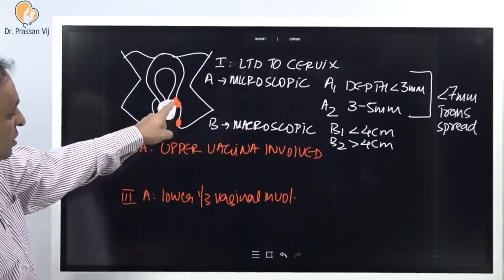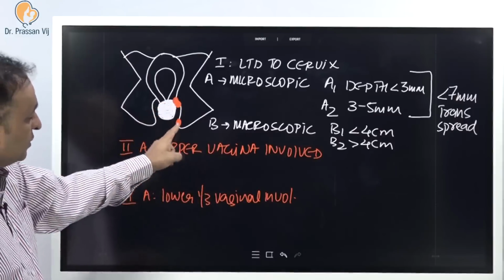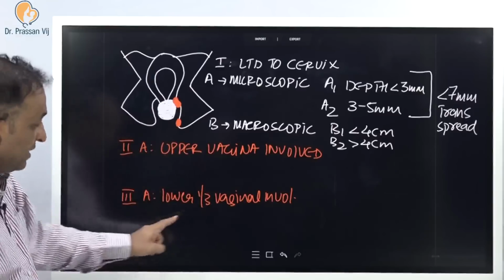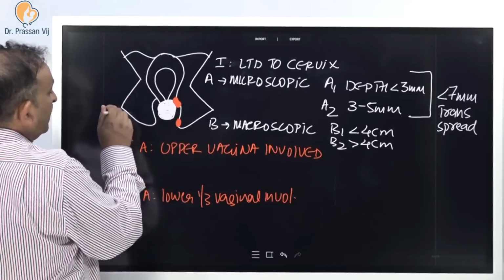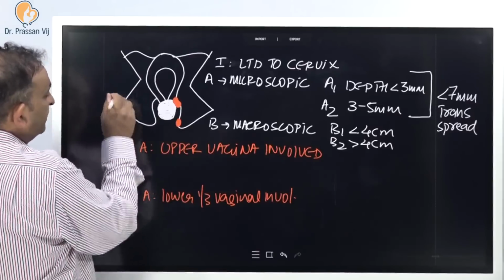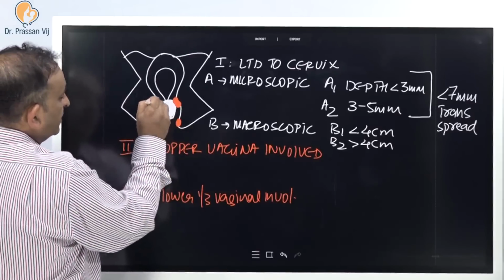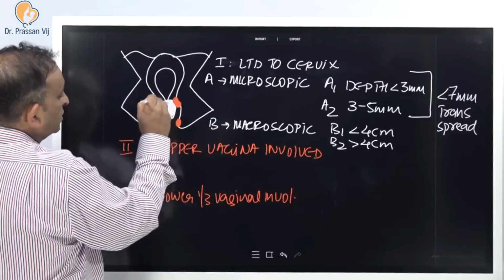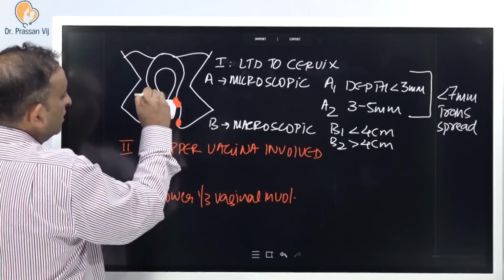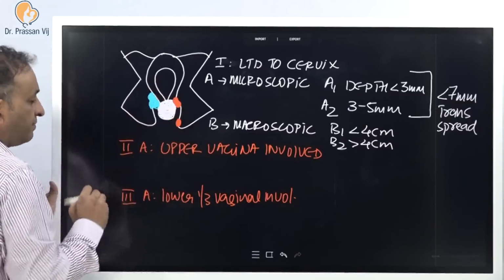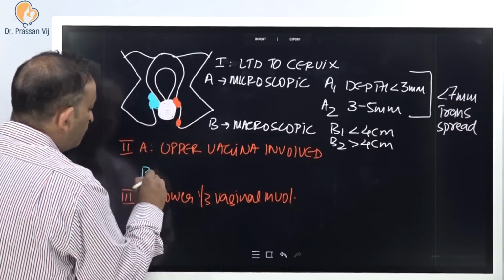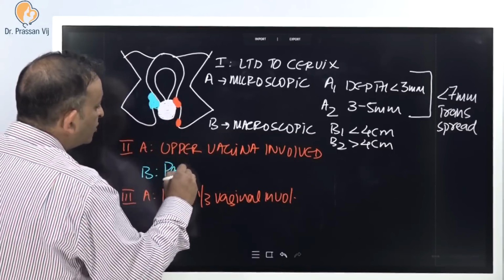Orange growth here on the top of the vagina is 2A, coming to the lower 1/3 vagina is 3A. Now the cancer has spread to the parametrium. Cancer from the cervix has gone to the parametrium. See, the growth has gone from the cervix, and it has also involved the area outside the vagina. This is known as the parametrium. So that is now 2B, parametrium involved.